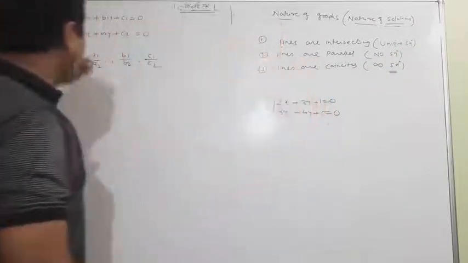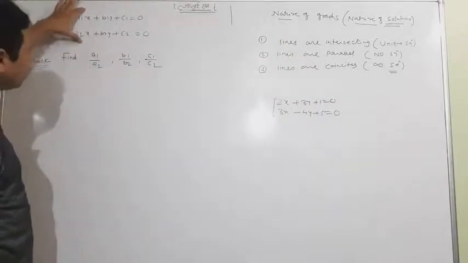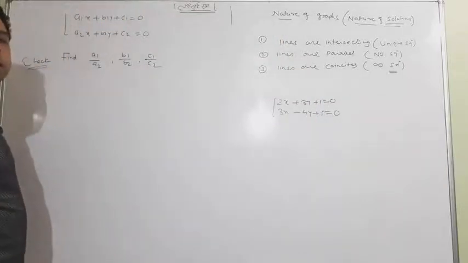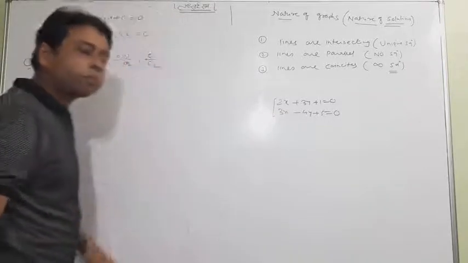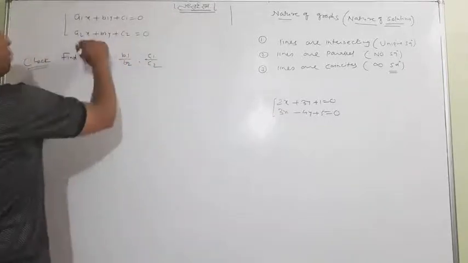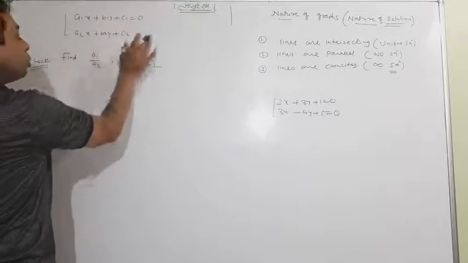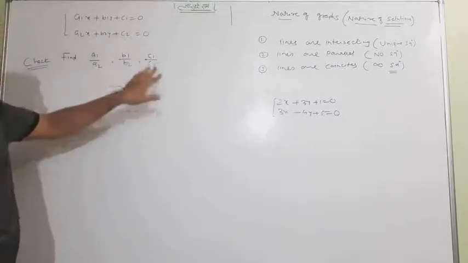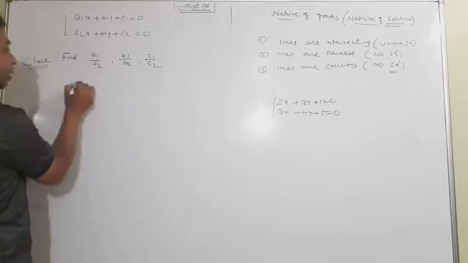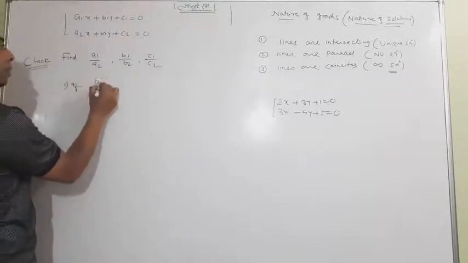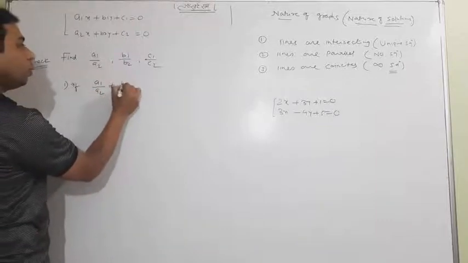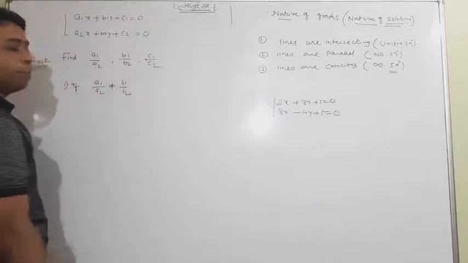So we need to first compare the general form of the given two equations, and one by one find out a1, b1, c1, a2, b2, c2. Then find a1 upon a2, b1 upon b2 and c1 upon c2, and then check the first case. In the first condition, if a1 upon a2 is not equal to b1 upon b2, that's very important.